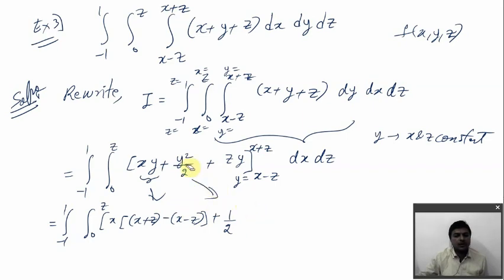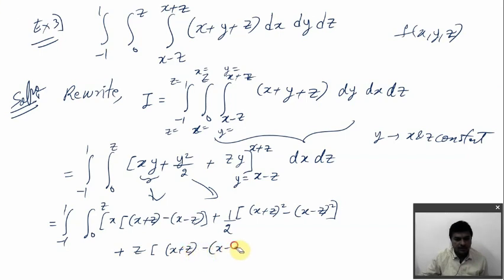Now you can see y square is there, so I just take this as x plus z whole square minus x minus z the whole square. So this is, I have substituted the upper limit and lower limit. Similarly, next, plus z is there, so I'll just substitute x plus z minus x minus z. So this completes our integration.